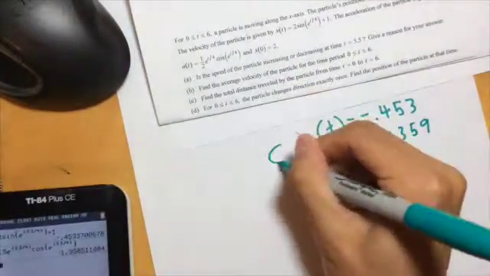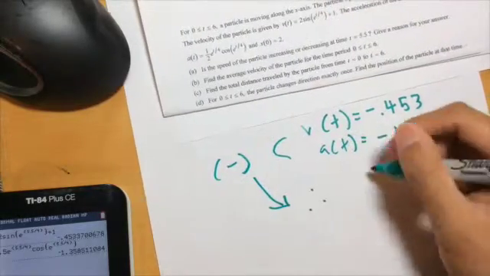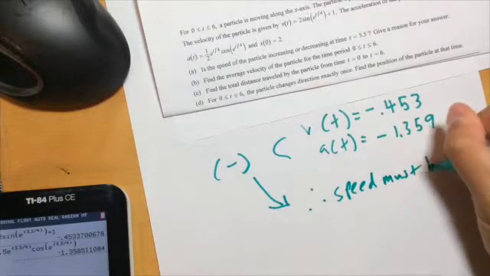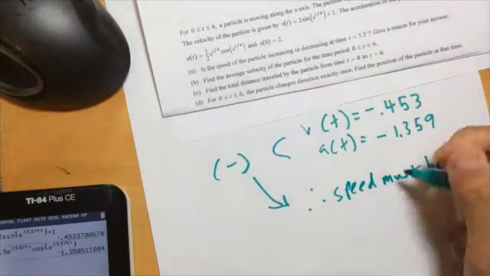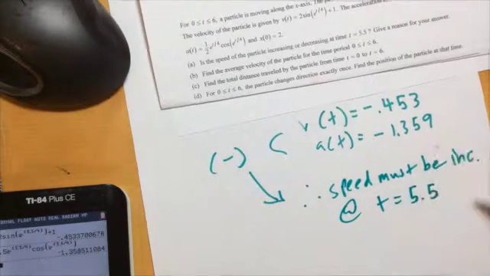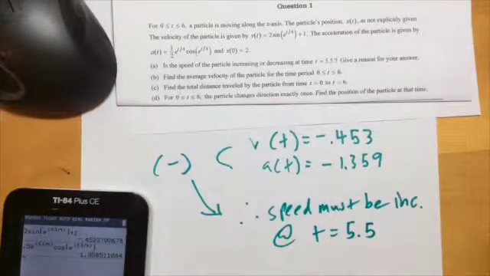So because both of these have negative signs, the conclusion is that the speed must be increasing at t equals 5.5 because the signs of velocity and acceleration are both negative.